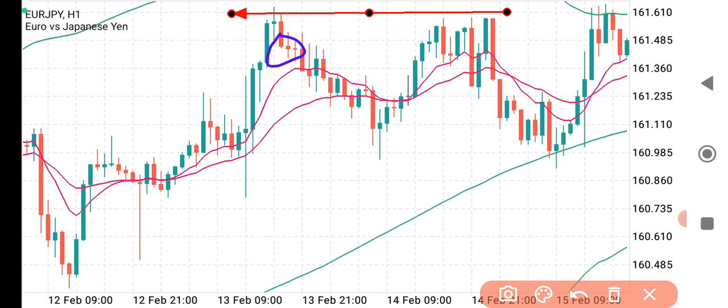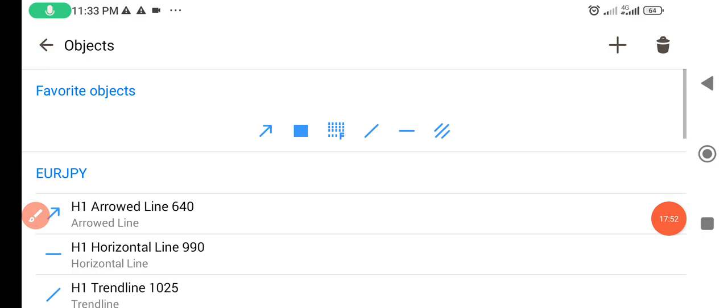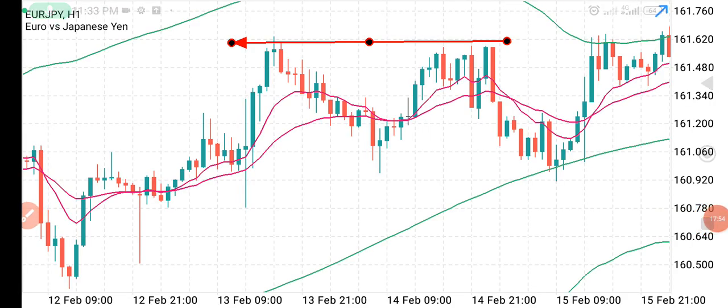And then after that we have this formation that happened, like this particular rejection that gave us a pin bar here.